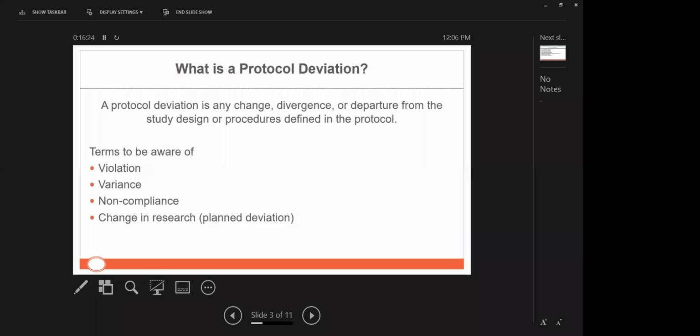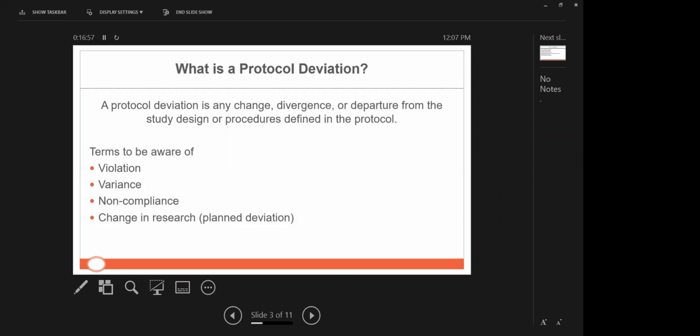And so sometimes we will have deviations from our good clinical practice and regulations that have been defined to protect the safety of patients, as well as to ensure the integrity of the data. So sometimes a deviation could be an error in the consenting process. Now, obviously, that's not clearly defined in a protocol, but it is still considered a deviation that we would need to address.